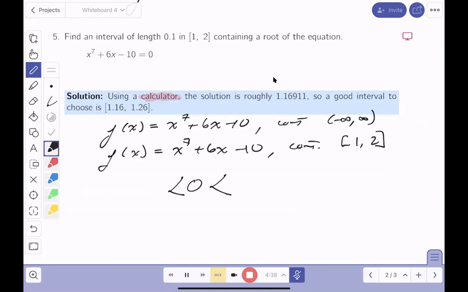On a calculator, you're going to rapidly go through the numbers. So for example, you might want to do f of some number on the interval. And again, you can start at 1 if you want, but I'm going to point out, you should probably graph this thing out, and you realize it's somewhere around 1.16 or so. Right?